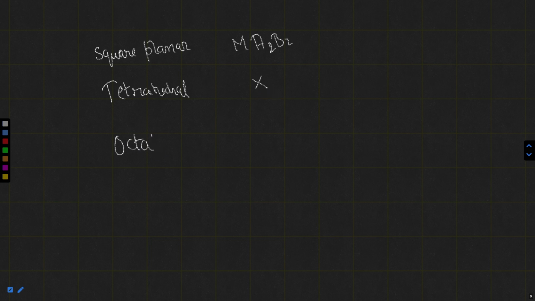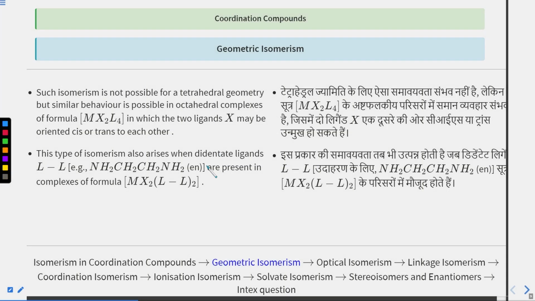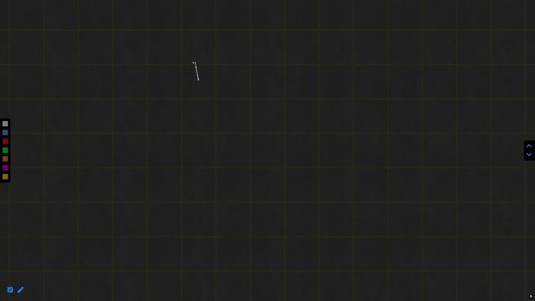Talking about octahedral, we have some. So let us see an example. For octahedral, we have the case of MX2L4. Okay, MX2L4. So we have two X's and four L's. So this is the case of cis, right? I place it here.